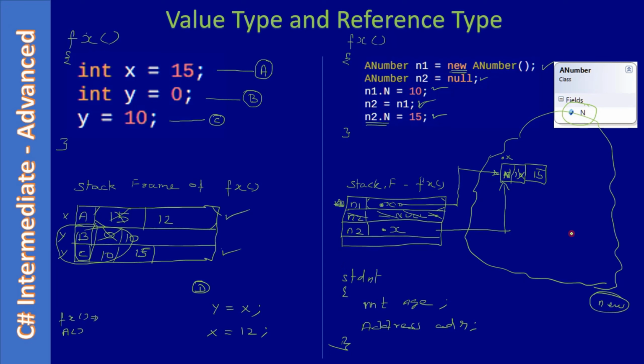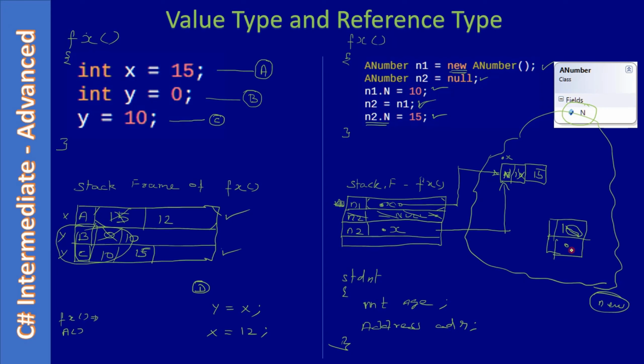That means the student instance will get created here in the heap. It contains two locations. One is to store an integer and another one is to store an address. So here this will be the content, whatever you store as age. Say for example, if you store 10, then that will get directly stored here, but address is an instance of some other class.